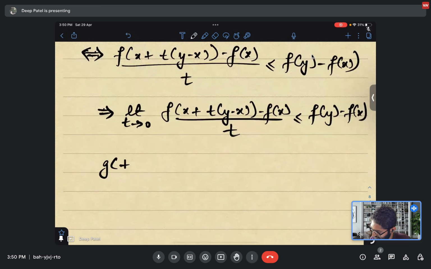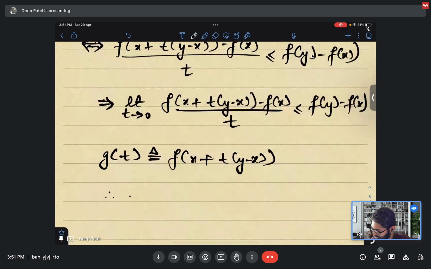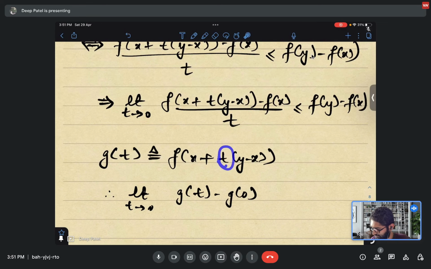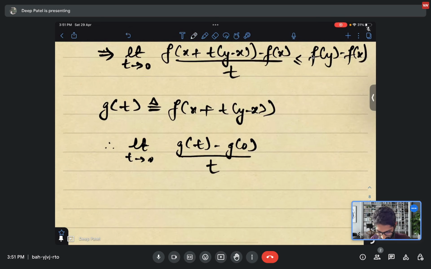Now, just for simplicity, again I'm going to resort to the 1D functions, the g of t. So f of x plus t(y minus x), for a given y and x, I will call that g of t, a function of t. So what I have is the limit t tends to 0 of (g of t minus g of 0)/t, right? Because if you put t equal to 0 here, you just get f of x, which is nothing but g of 0. So this by definition we know is g dash 0, right?